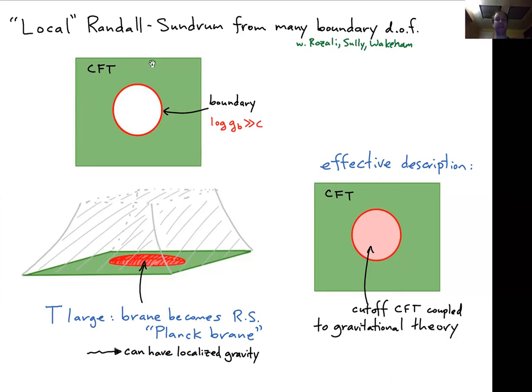So we have this microscopic description, and the gravity dual is AdS and then some brane here. But then there's also a third description where you have your CFT, and in this region we've placed a cutoff, removing the asymptotic part of this region. Now that cutoff CFT we should think of as being coupled to gravity, because there's gravitational physics on that brane.